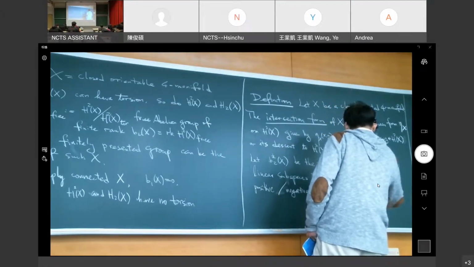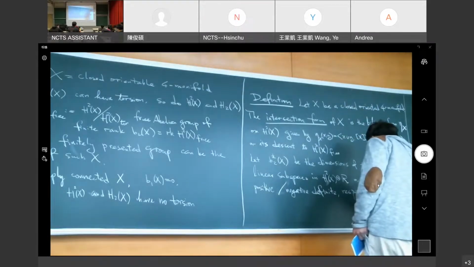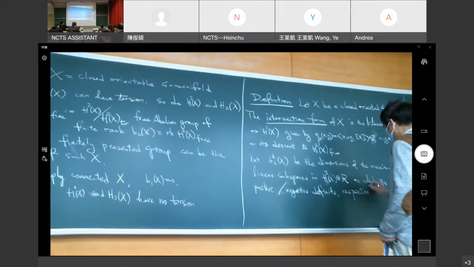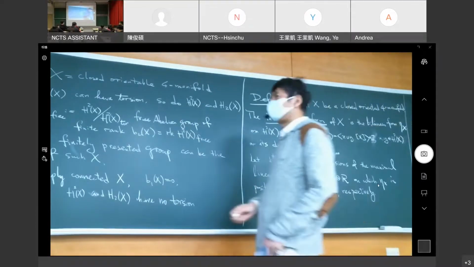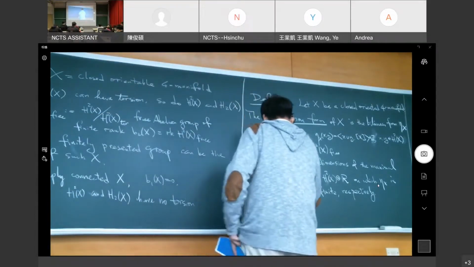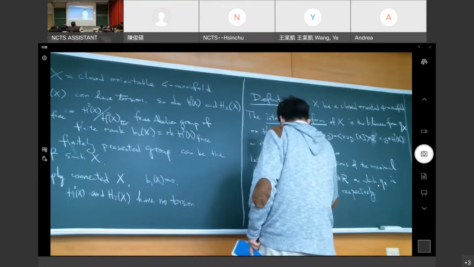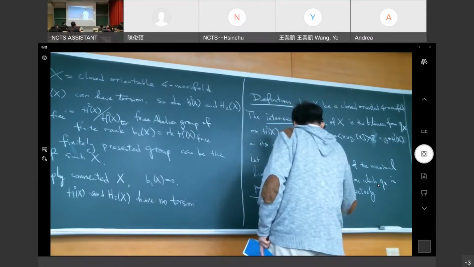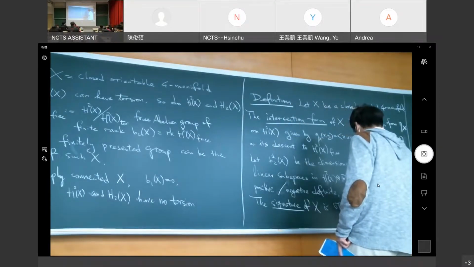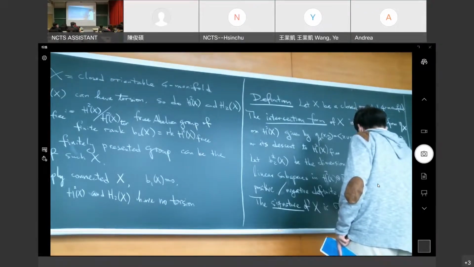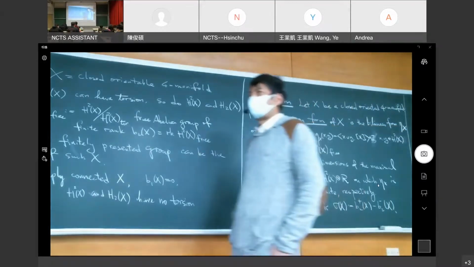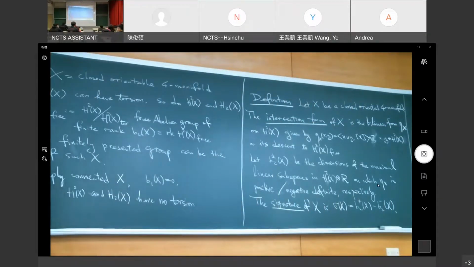These dimensions are called B2 plus and B2 minus, and then finally we define the signature of the four-manifold, sigma of X equal to B2 plus minus B2 minus, and that's the standard signature for a quadratic form.